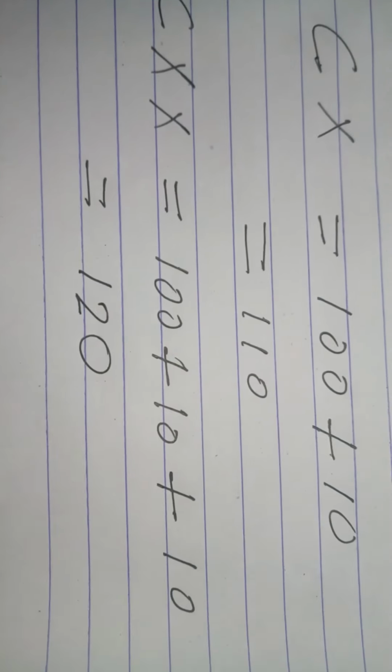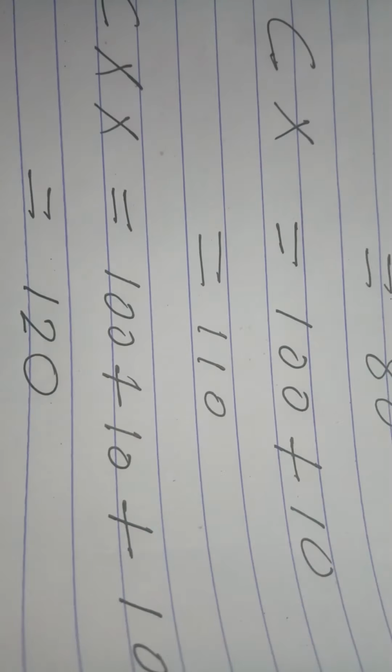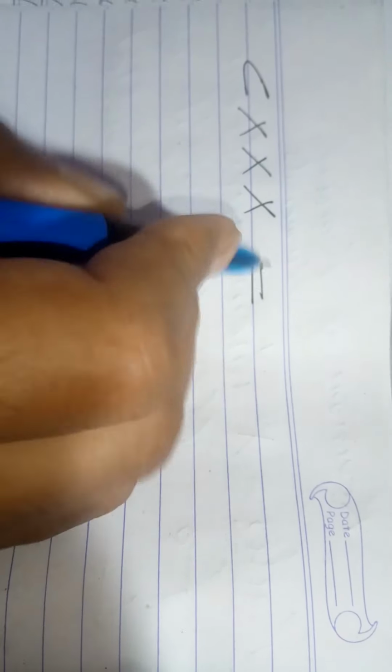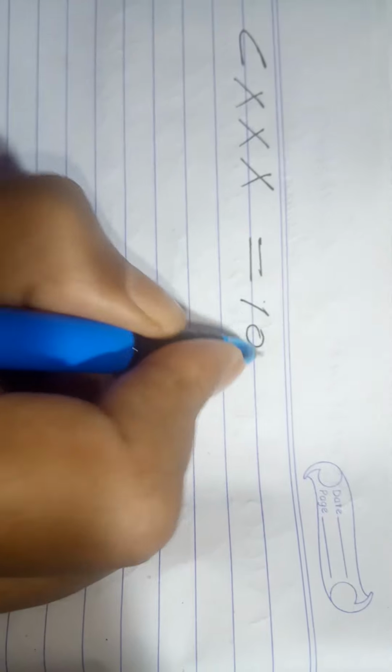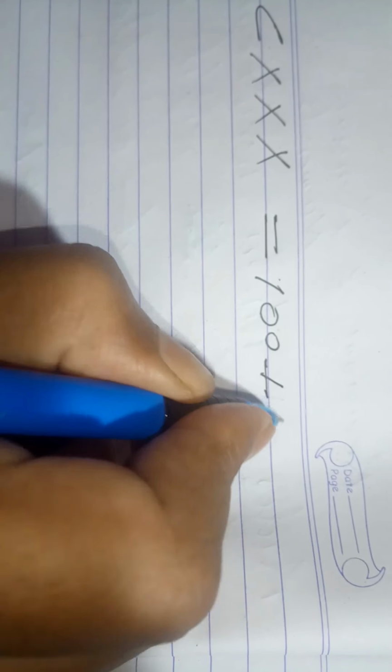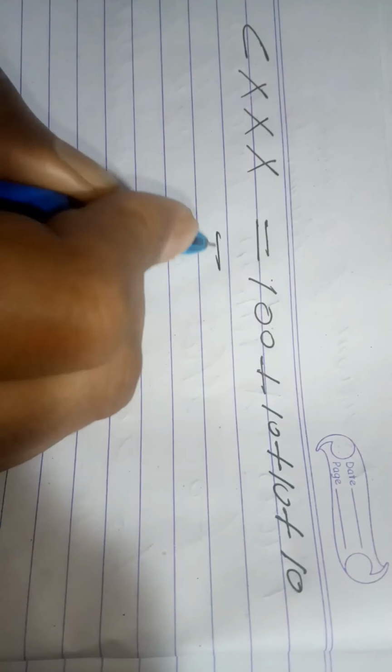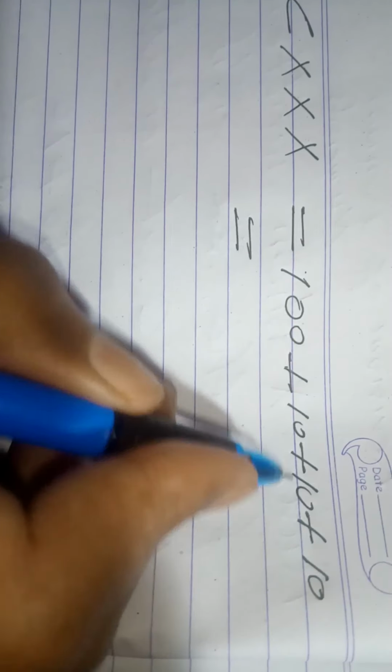We get 120. CXXX. C for 100 plus 10 plus 10 plus 10, 130.